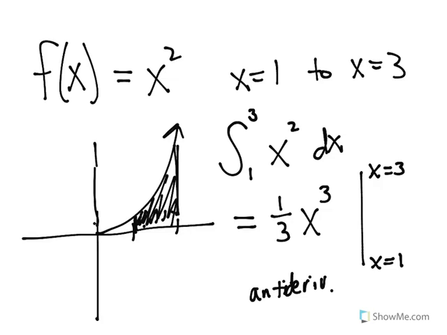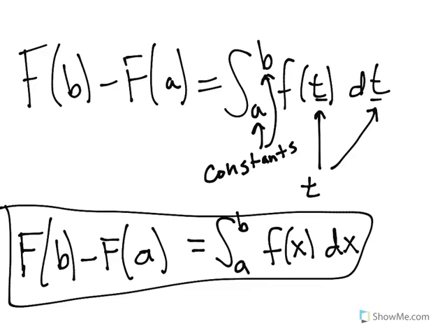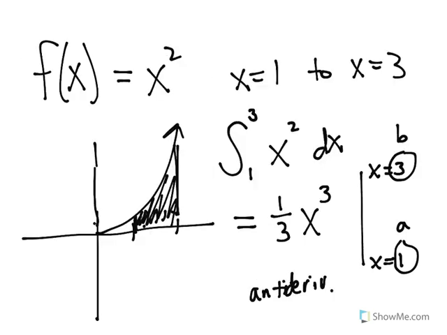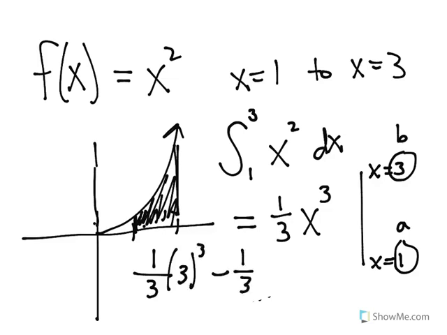The input variable here is x, but it also tells you what b is and what a is, to go ahead and plug those in, because remember, the result says go ahead and just take f of b minus f of a. Once you have your antiderivative, just plug in those endpoint values and subtract, and you'll be able to find the exact area under the curve. So the exact area under this curve from 1 to 3 is 1/3 times 3 to the third minus 1/3 times 1 to the third.